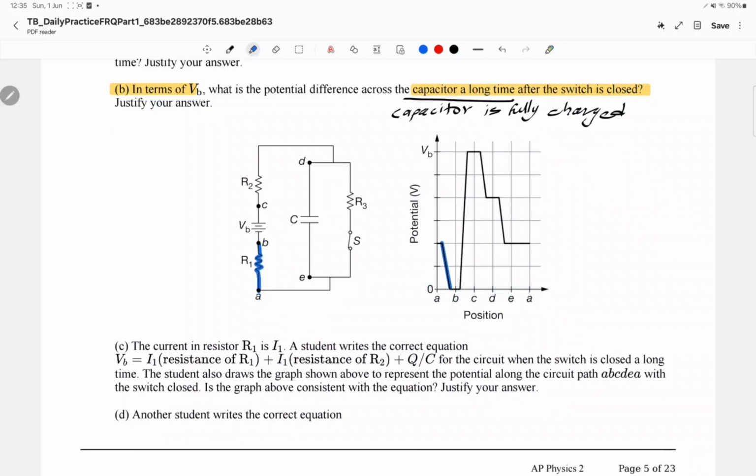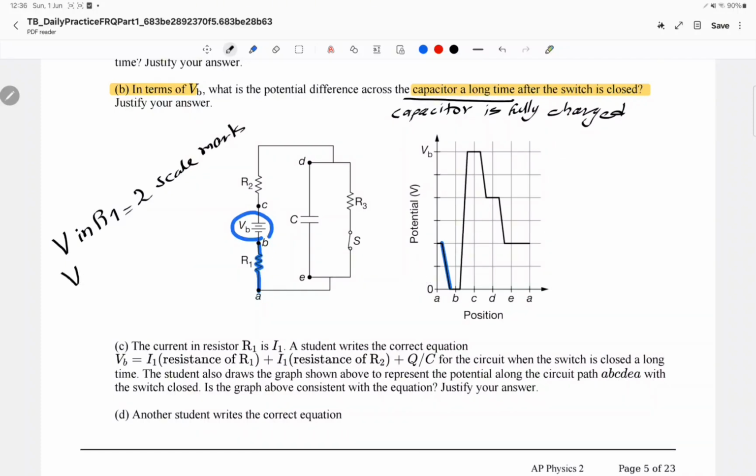Next up, we're going to go through the battery. And since we have 3 resistors, and if the voltage drop in R1 is equal to 2 scale marks, as we saw, right? 1, then 2.